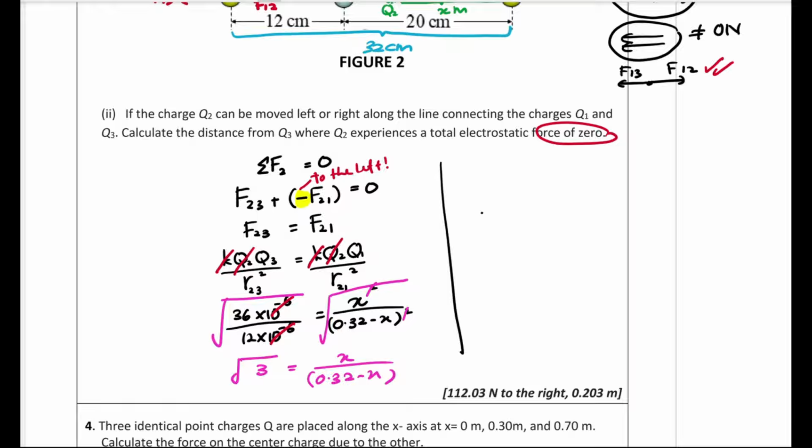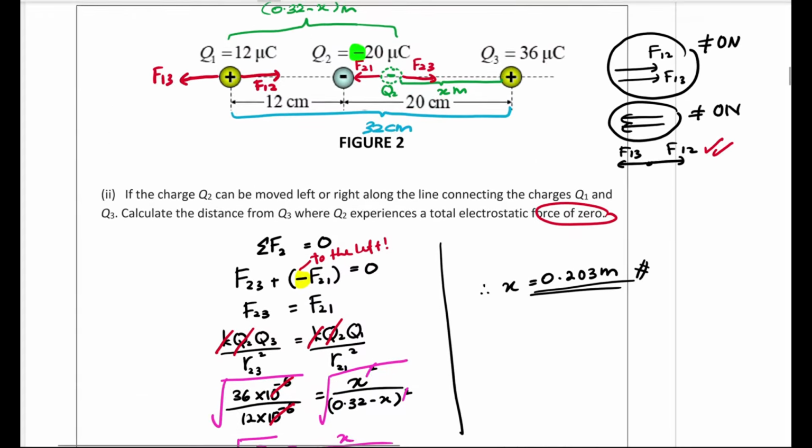Okay, therefore, you akan dapat X is equal to 0.203 meter. This is the distance that we measure from Q3 to Q2. X tadi, which is 0.203 meter. So, at this point, the total force on charge 2 is equal to 0.